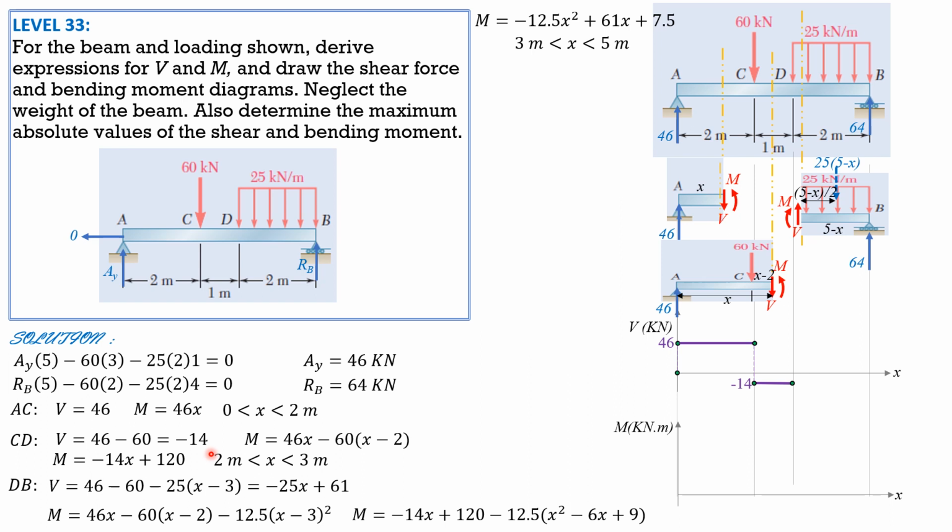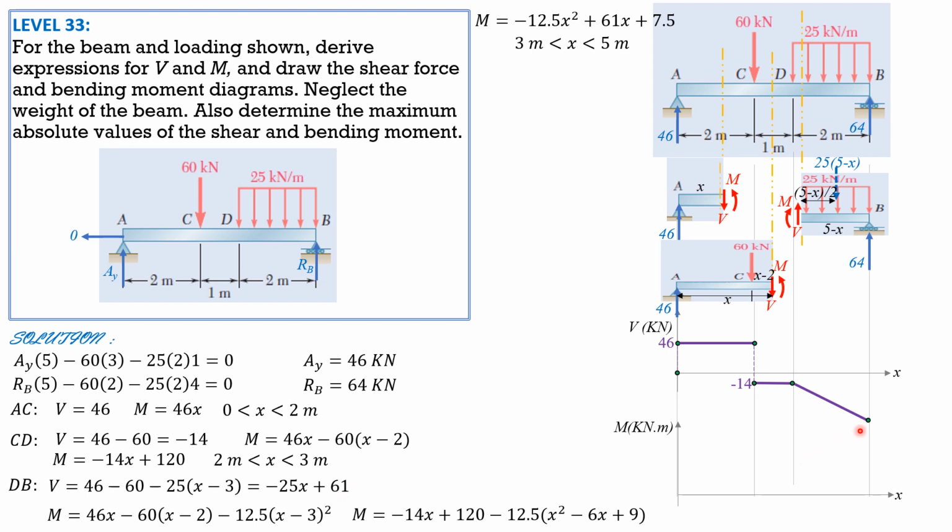Then for dB, the shear equation is negative 25x plus 61. When x is 3, negative 25 times 3, negative 75 plus 61 is negative 14. When x is 5, negative 25 times 5, negative 125 plus 61 is negative 64.